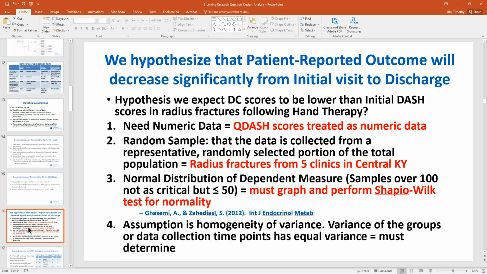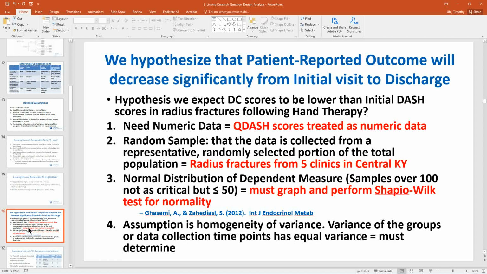We're going to take a random sample from a group of clinics in our population. We're hoping to get a couple of hundred samples. As our sample creeps over 100, it is not as critical to have a perfect normal distribution. Sometimes analysis of variance or parametric measures can overcome that. But it's nice to be able to demonstrate that we do or do not have a normal distribution.